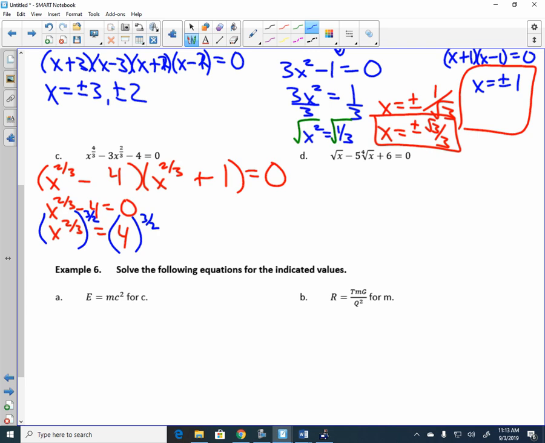You're going to take it to the reciprocal power. Let me help you understand why. If you have a power to a power, what do you do? Multiply. What's 2/3 times 3/2? 1. See how you just get x to the first power? What's 3 cubed? Square root 8.